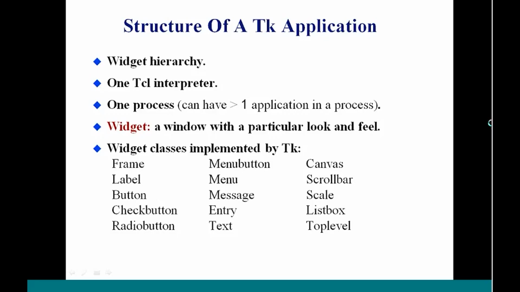So a widget can have a frame, a label, a button, a check button, radio button, menu button, menu, message, entry, text, canvas, scroll bar, scale, list box, and top level. Again, the widgets can be nested because you have a top level widget that you can specify.